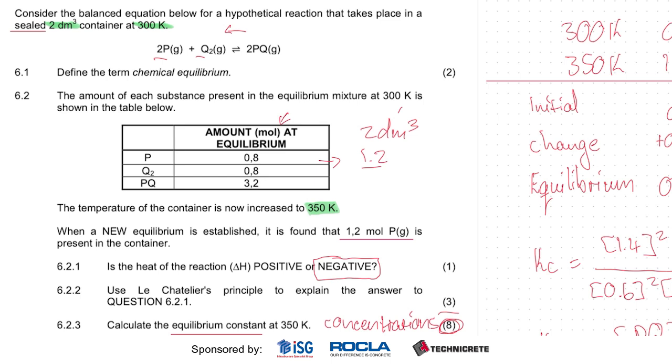Yeah, and that's definitely the right hand side of the equation. Here there's 2 moles of gas, and on the other side there's 3, because there's 2 from P and 1 from Q. So if there's an increase in pressure, the system will try to decrease the pressure, and it'll shift the equilibrium to the right. Yeah, so that's all you have to say for that question.